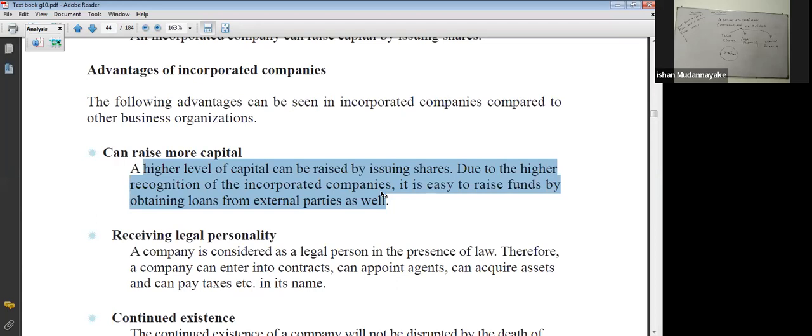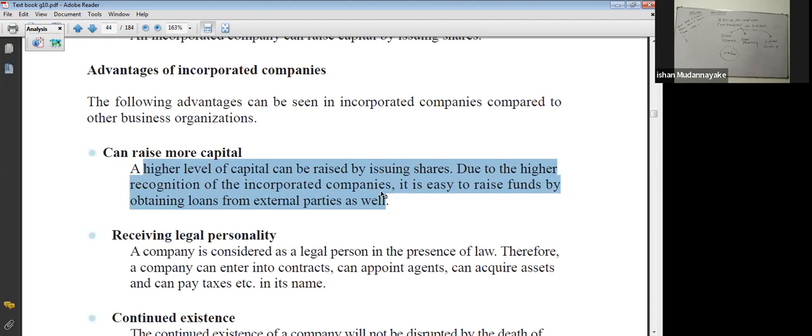An incorporated company is a well-established business organization. Banks and other financial organizations assume that an incorporated company is an established business, therefore they will provide loans quickly. So it can raise more capital by issuing shares as well as by obtaining loans. Shareholders of an incorporated company can provide required funds to the business organization.